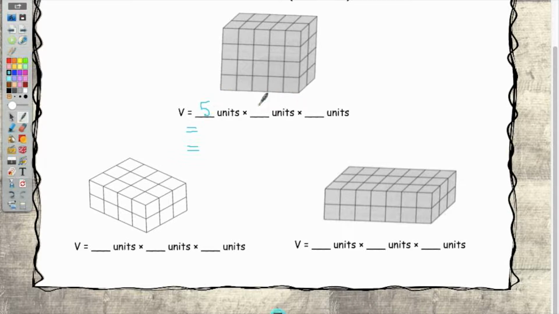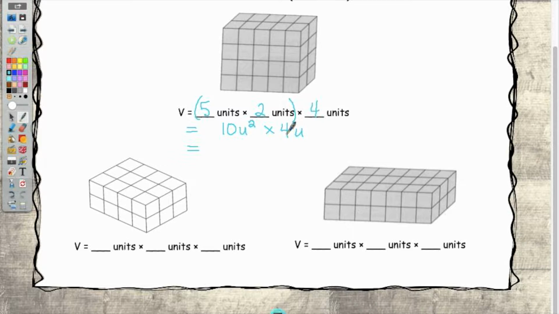And go ahead and count your width and your height. 4. Now I want you to put parentheses around those two. So 5 times 2 is 10 units squared times, what do I have left here? 4 units. Write it like that, please. I have a reason for having you do that. Because this is actually the base times the height.